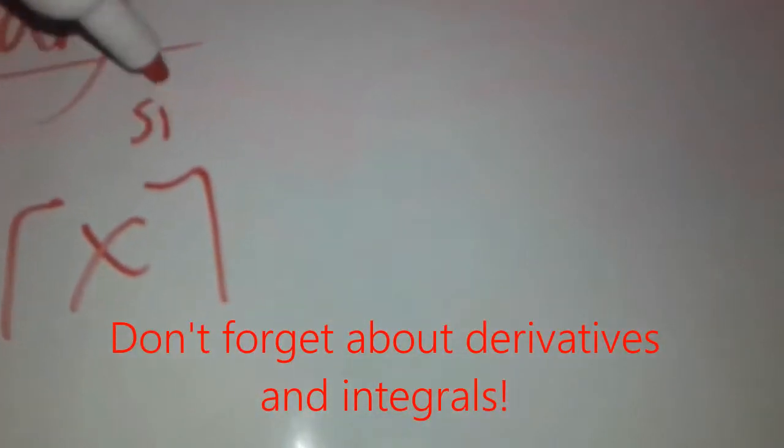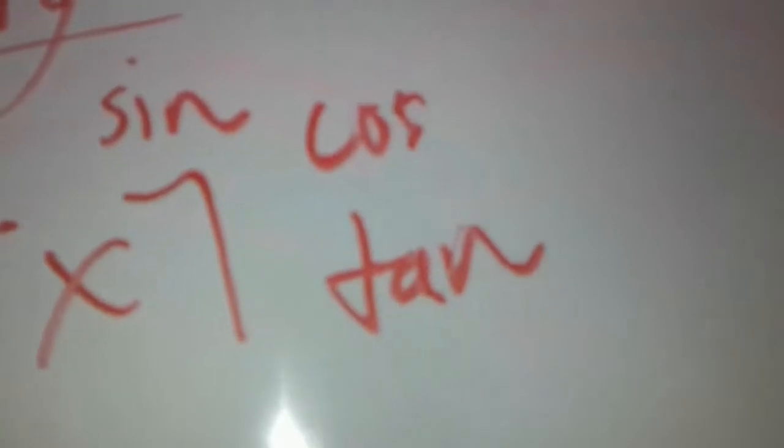Then you have sine, cosine, and tangent for trigonometric operations, and their inverses as well as their reciprocals. There are also the hyperbolic operations, sinh, cosh, and so on. Looking at binary operations, there are your favorites: addition, subtraction, multiplication, division, exponentiation, logarithms, and then hyper operations.